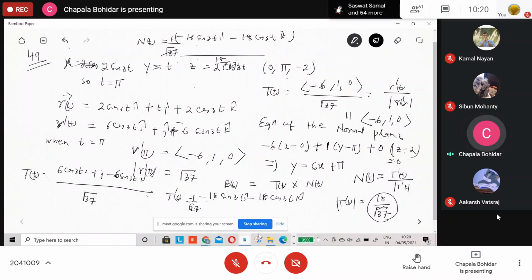So n of pi is equal to what do you get? Component n of pi: first one is 0, second one is 0, third one is 1. Isn't it? NT is equal to, you get this value or not?